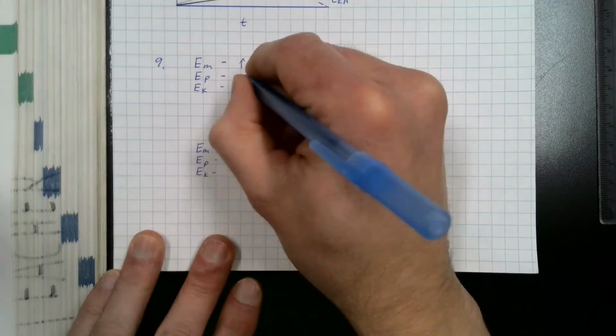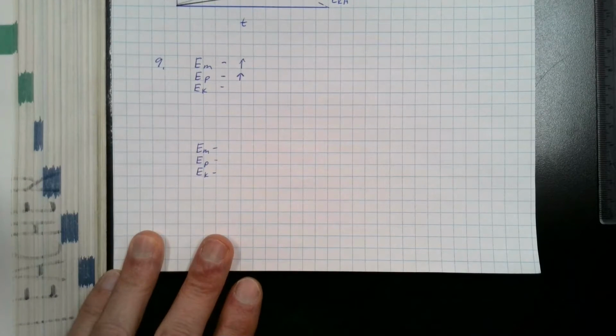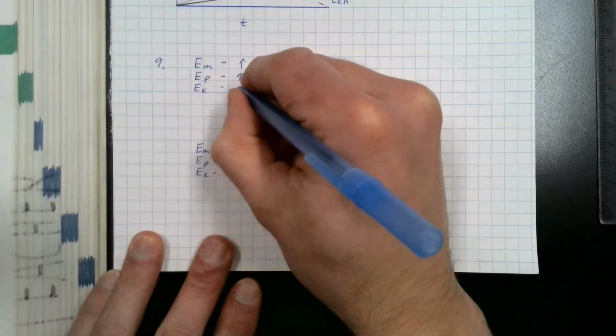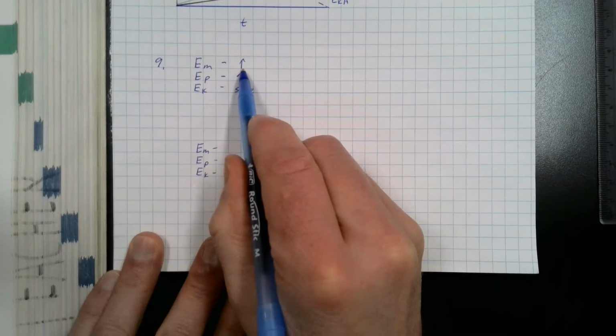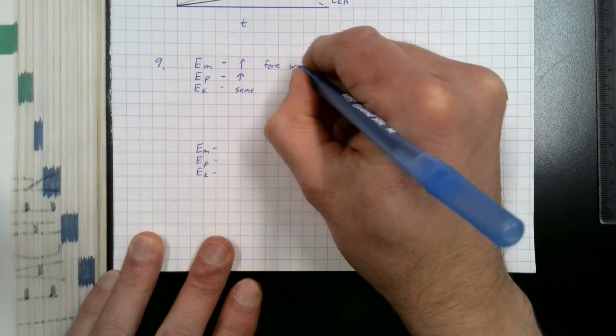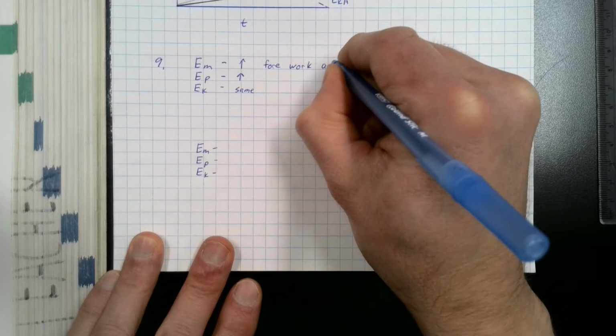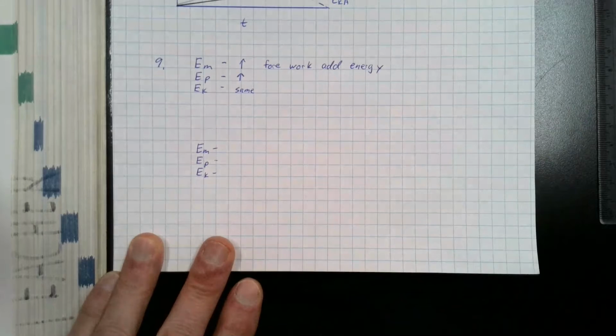Our potential energy, I'm going to call it gravitational potential energy for the sake of argument, and our kinetic energy stays the same. So if our mechanical energy of the system goes up, that tells us a force is doing work to add energy. So the mechanical energy of our system is increasing.